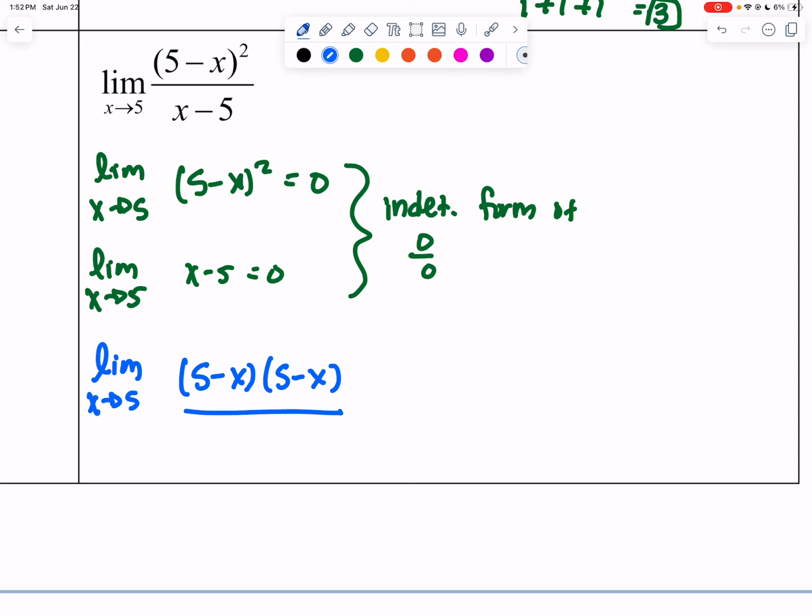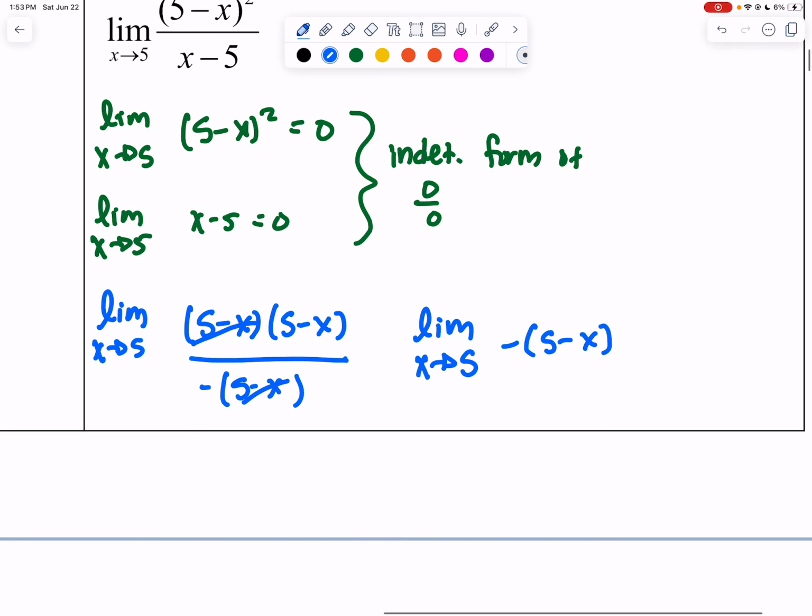If I take out a negative, I'm going to get negative x minus 5, which I can flip around to be 5 minus x. That gets canceled out. So now I have the limit as x approaches 5 of negative 1. Substitute in 5. This tells me that my limit is negative 1.